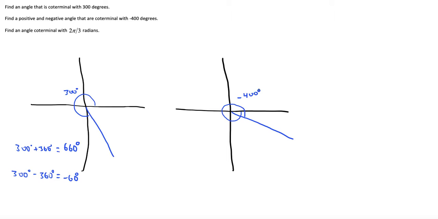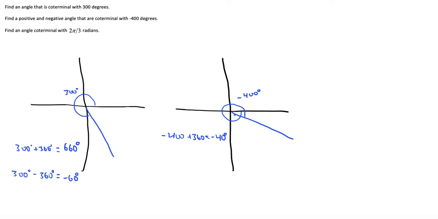Remember, 360 degrees is one complete revolution. So we want to find a positive and negative angle that is coterminal with negative 400. Well, all we do is we just add or subtract multiples of 360. So we'll take that negative 400, we'll add 360, we get negative 40 degrees, okay? So that will be this. We just take this angle and go negative 40.